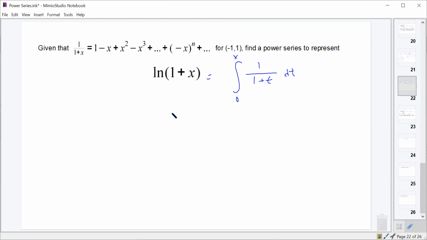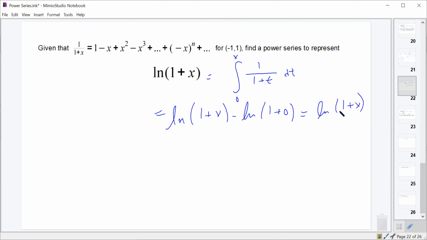The integral of this should be the natural log of 1 plus x minus the natural log of 1 plus 0. And natural log of 1 plus 0 is natural log of 1, which is 0. So this should just give me natural log of 1 plus x.